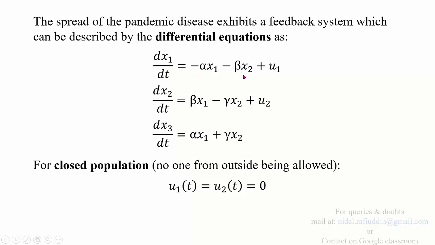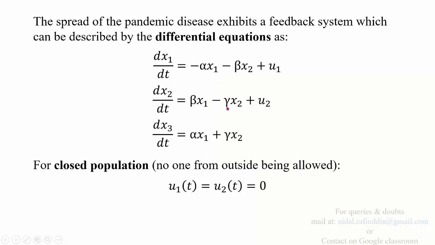Alpha and beta are coefficients, and we'll talk about these coefficients and their relations after we form the model, which requires some understanding of the time domain analysis of systems.